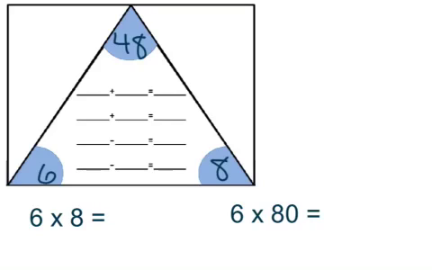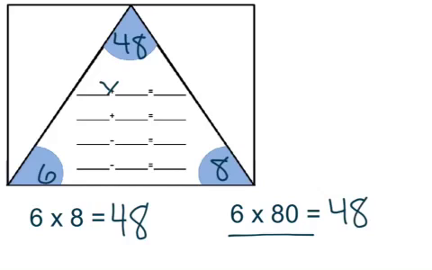Alright, so let's look at this one. We have 6 times 8 equals 48. So, once again, 6 times 8 is going to get us to 48. And then we have 6 times 80. So we know that 6 times 8 is 48.